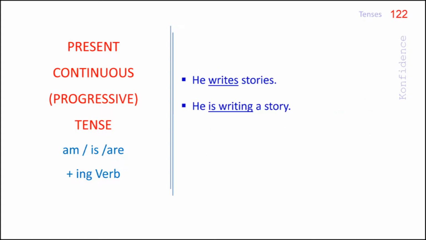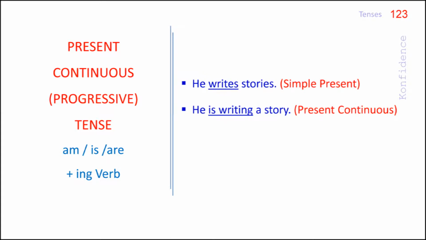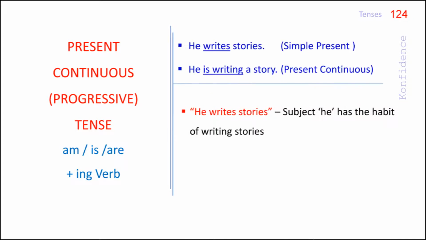Look at the last 2 sentences given in the slide. One is in simple present and the other is in present continuous. How are they different? The simple present one, he writes stories, indicates that the subject he has the habit of writing stories.